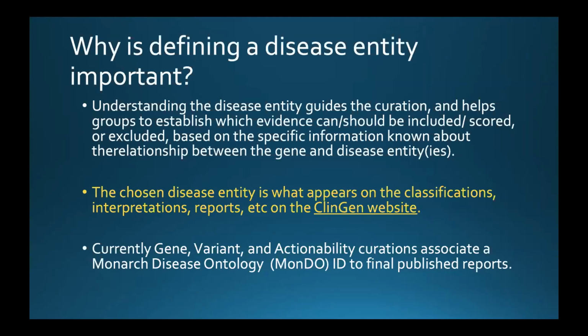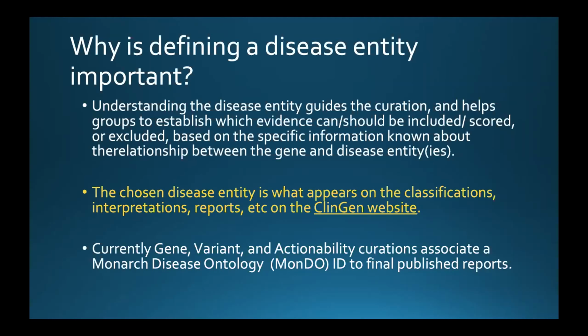Furthermore, and why it's in bold yellow letters is because the chosen disease entity that you have is what is going to appear with your classification on your gene disease relationship classification, your variant interpretation, as well as any reports that are on the ClinGen website. So this is ultimately the term that is going to be presented out to the public when they are looking at these different reports.